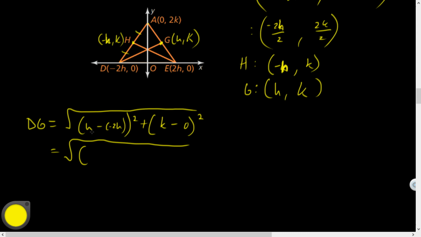H minus negative 2 is h plus 2, so that's 3h plus k squared. So that's going to be the square root of 9h squared plus k squared.